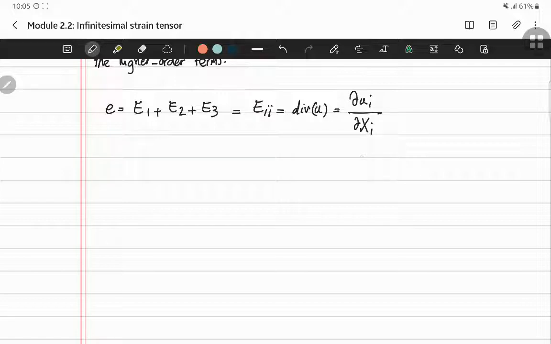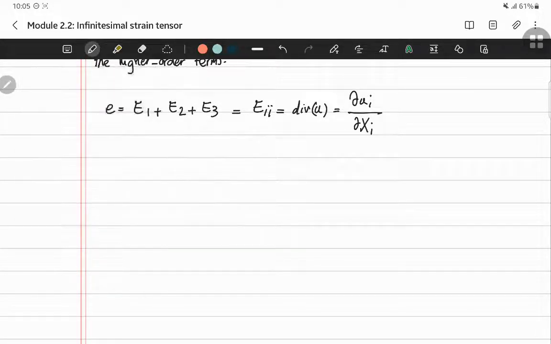So it is just a number. It's a scalar, so a 0th order tensor. If you have the divergence of u in different coordinate systems, you will be able to calculate dilatation in spherical and cylindrical coordinate systems.